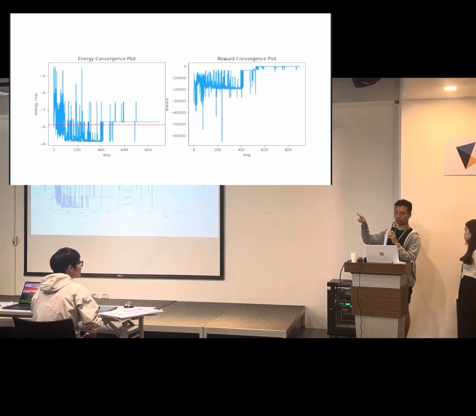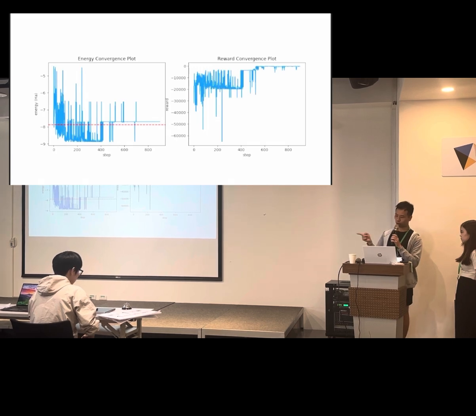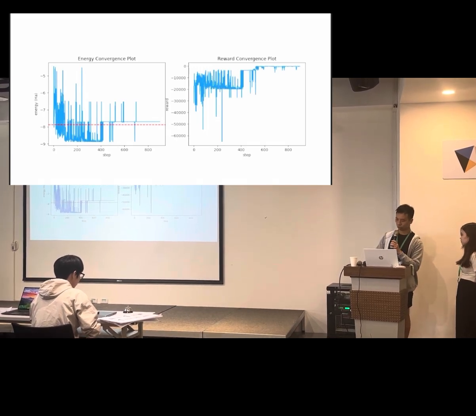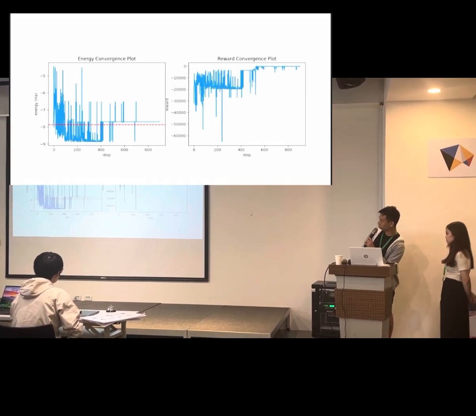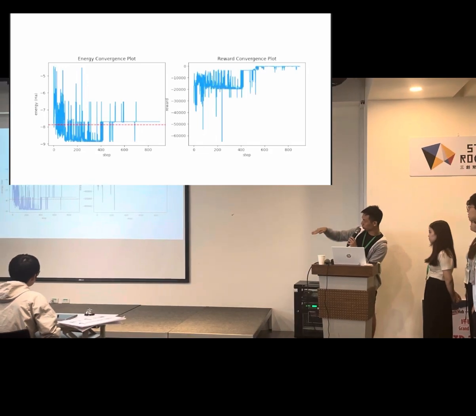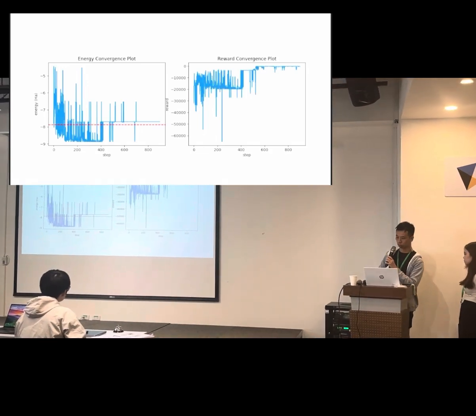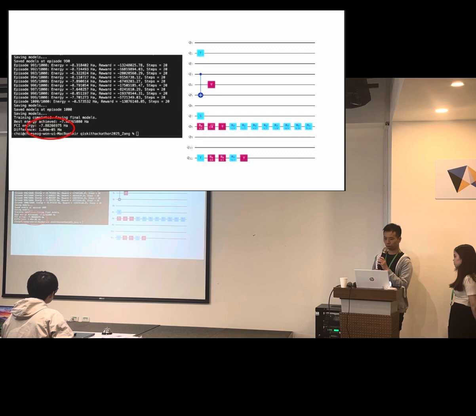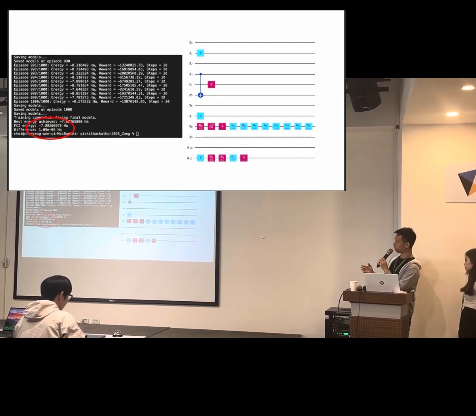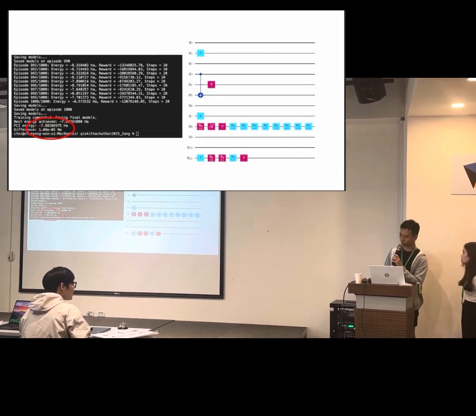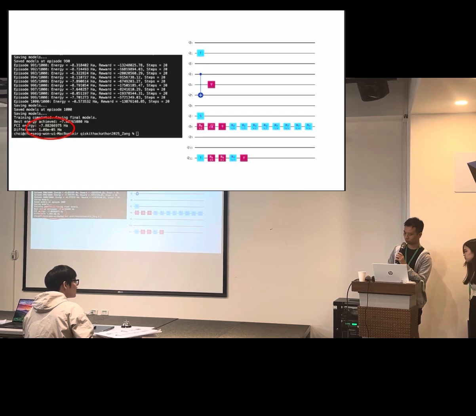It was just 10 to the 3 before, and now it is 10 to the 5. It converges here: you can see the reward increasing and the energy decreasing. After increasing it to the power 5, it makes it work.